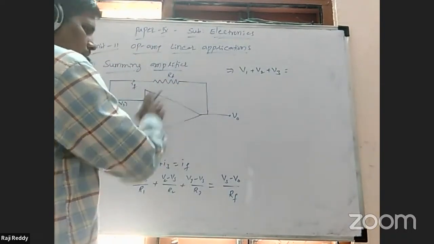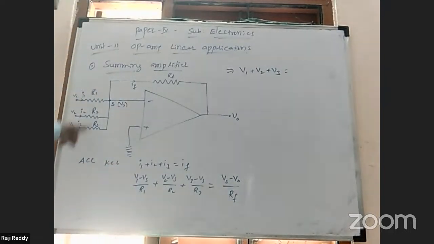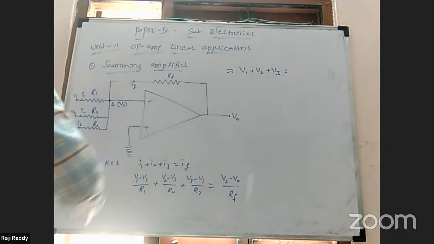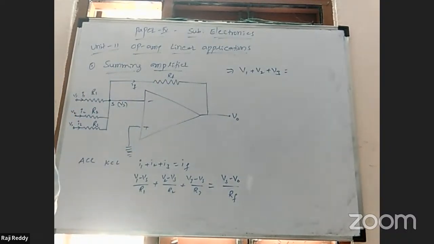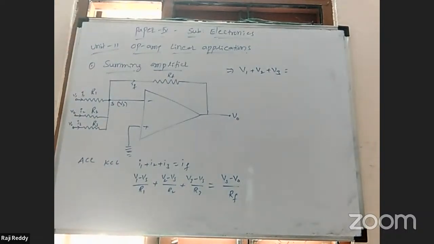In series the voltage won't be constant; only in parallel can it be constant. On the LHS we have V1 plus V2 plus V3, and on the RHS we get the feedback, which is the reverse: the sum of all the voltages, that is V naught.